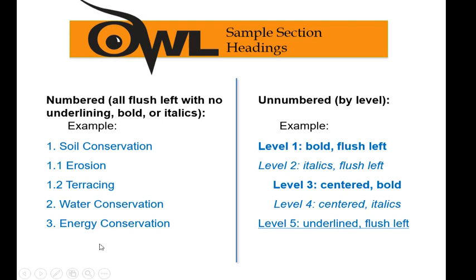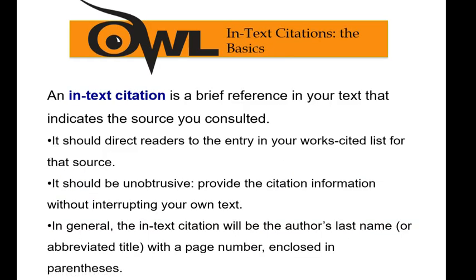In this case, we are using numbers 1, 1.1, 1.2, 2, 3, and then you see that all of the headings and subheadings are numbered. But if you decide not to use numbers, you have to do it this way, right? No numbers here. So this is the difference.